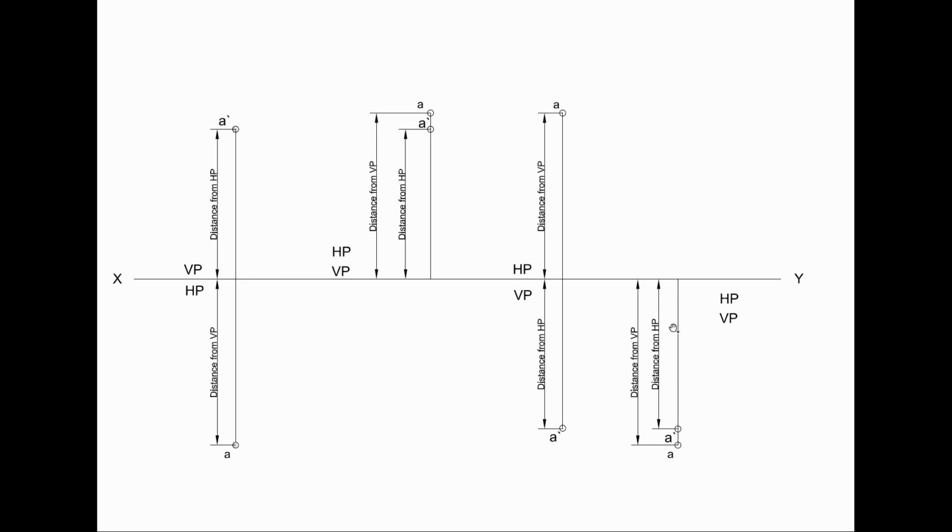Now moving on to the fourth quadrant, both views are below the XY line, and HP and VP are both marked below the XY line, with A prime and A, the distance from VP and the distance from HP, everything below the XY line. So this is the two-dimensional drawing of the theory that we learned, for the four different quadrants.